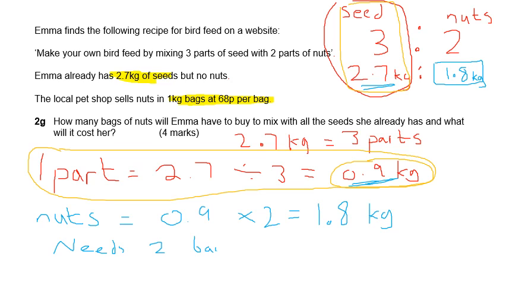I'm going to have a wee bit left over. So she needs 2 bags at 68p per bag, which means the bags of nuts are going to cost her £1.36.